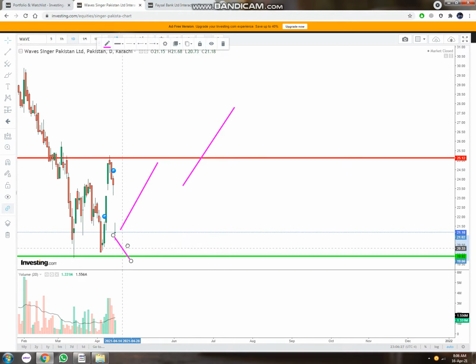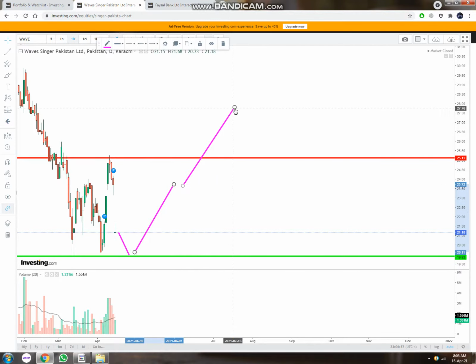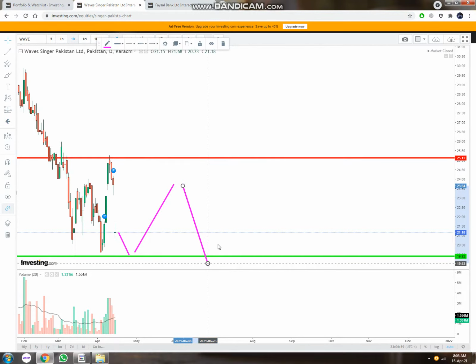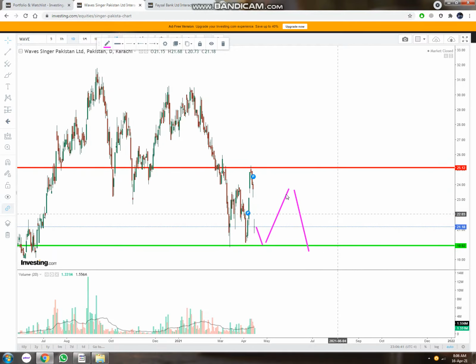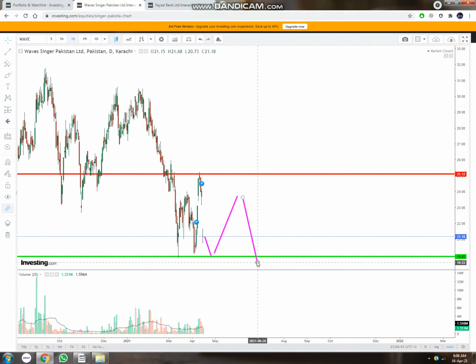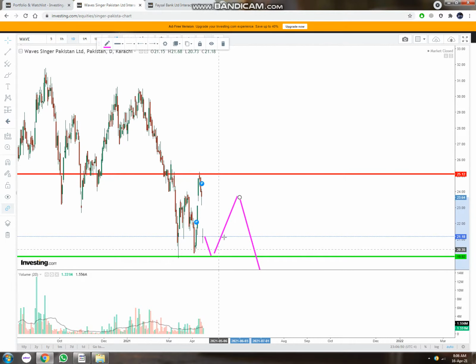What if this comes down like this? What if something like this happens? In this case, when the market comes down, if this market is trying to go upward, this is your great entry point.